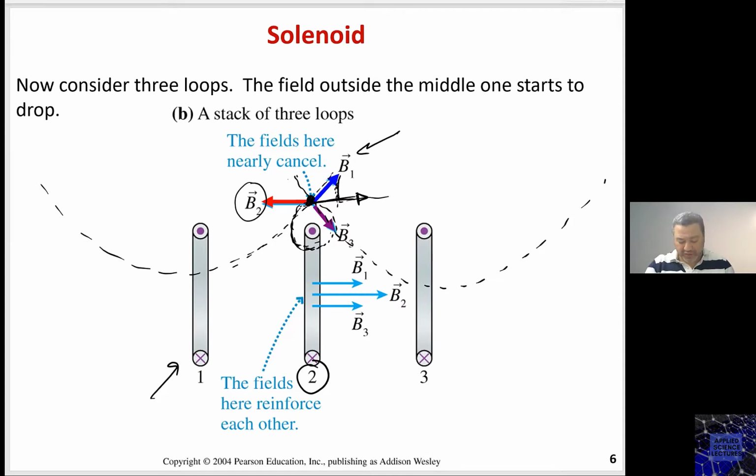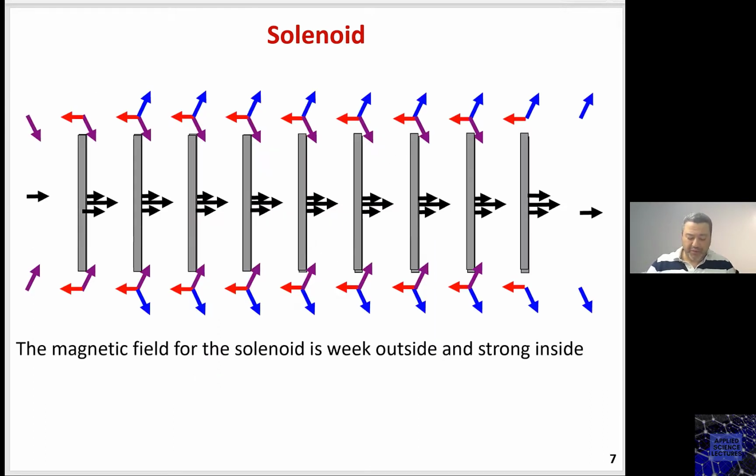However, if you notice the contribution to the magnetic field from all three loops, you will see that B2 is maximum, and then comes B1 and B3 being the same due to the symmetry here. So I have strong field right at the center, and I have weak field right outside the loop. Now, if I increase the number of the loops further for this solenoid, I will end up with the following.